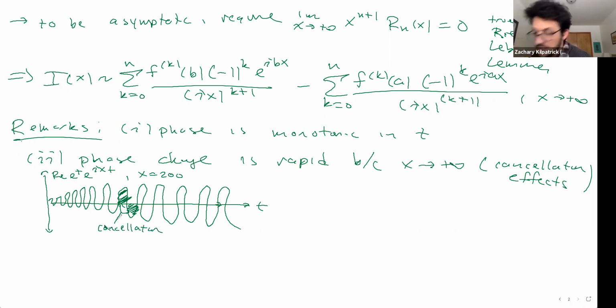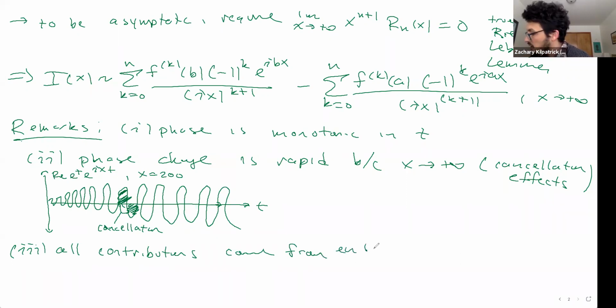That's what we mean by these cancellation effects. Okay. All right. Third remark is that all contributions for this integral approximation are going to come from the endpoints, right?